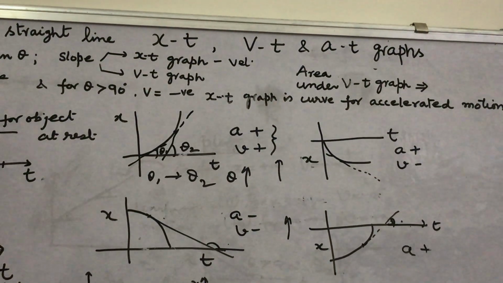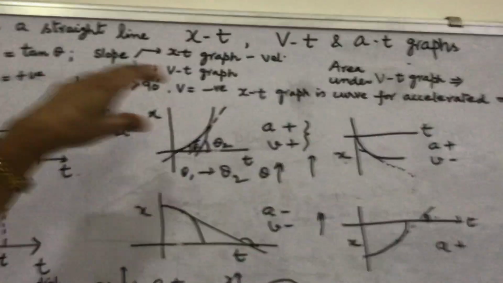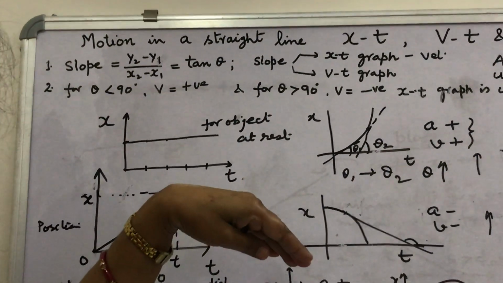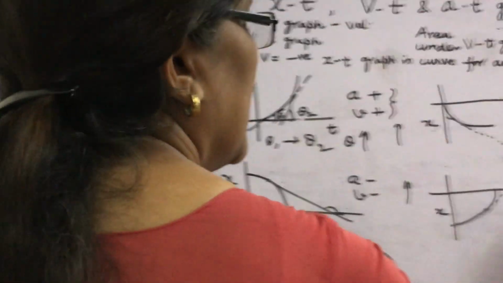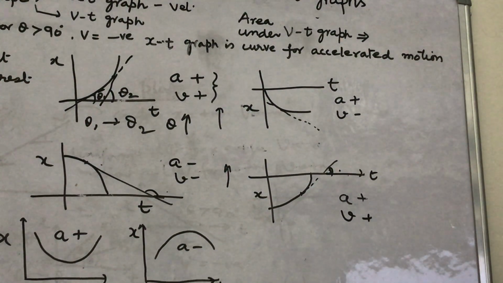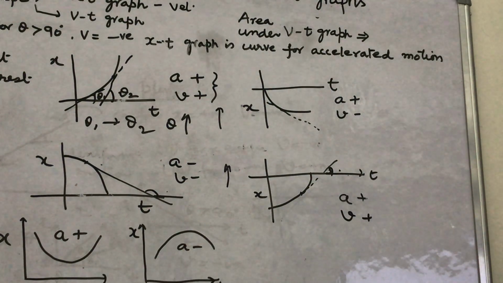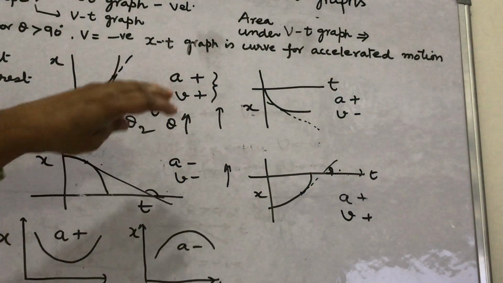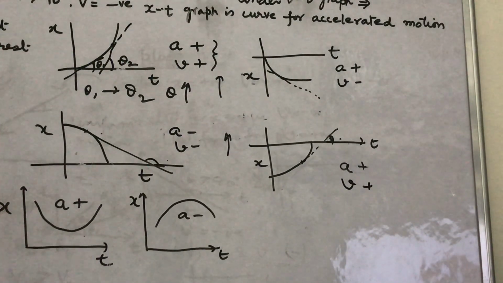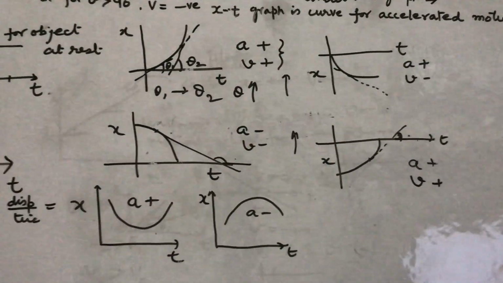Negative. That's why I have written these points. Note down in your copy for plotting and studying the graph. So, here A and V both are positive. That's why speed is increasing. So, whenever both are positive, speed increases, and whenever they are dissimilar, one positive and the other negative, then speed decreases.